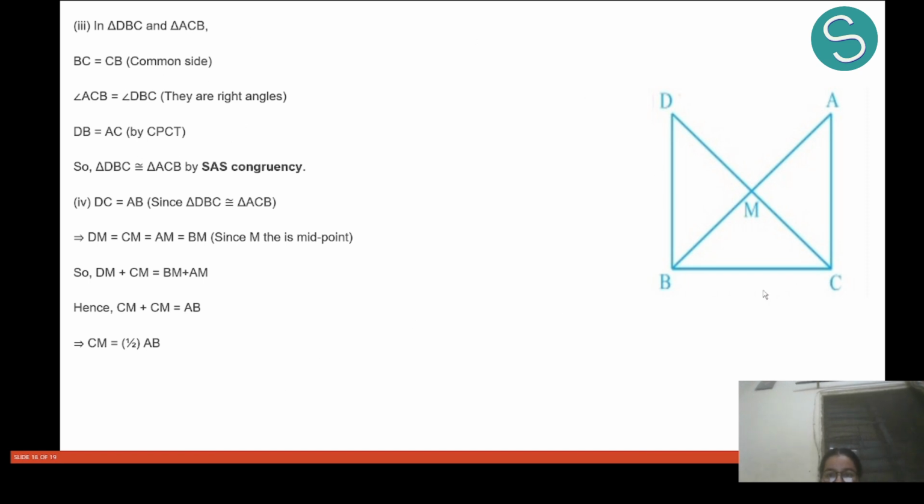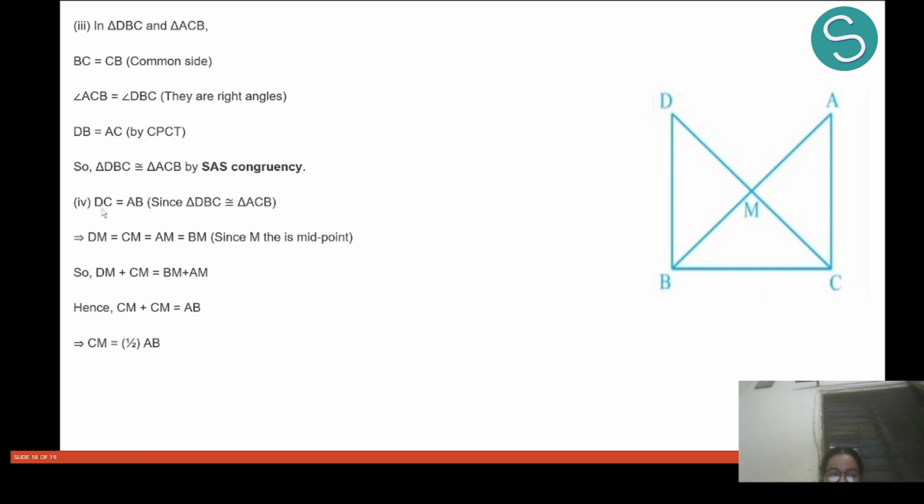In both the triangles, BC is common, and angles ACB and DBC are right angles, and BD equals AC by CPCT, as these two triangles are congruent. So by SAS congruency, triangle DBC is congruent to triangle ACB.